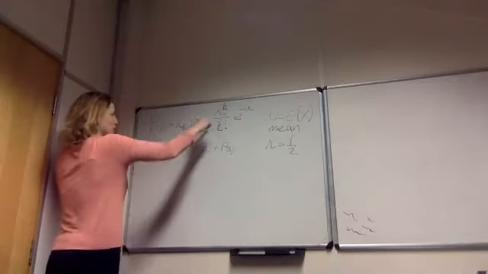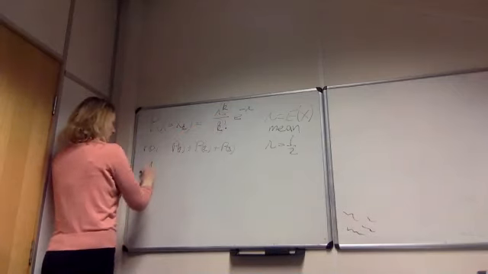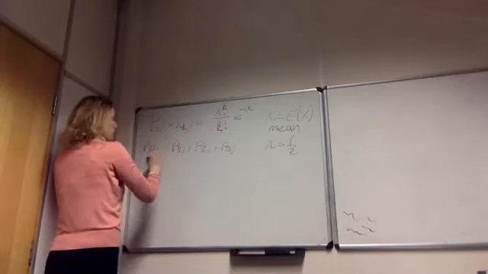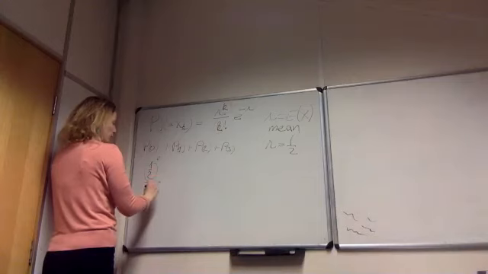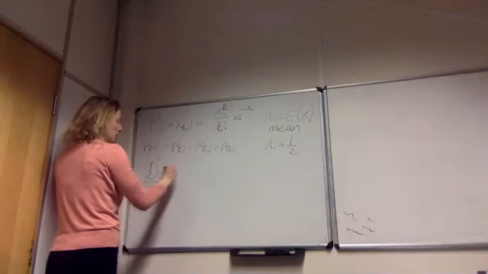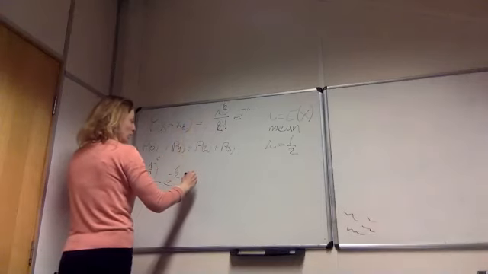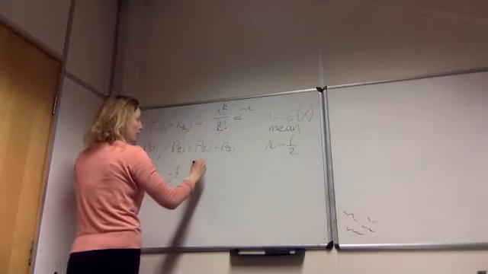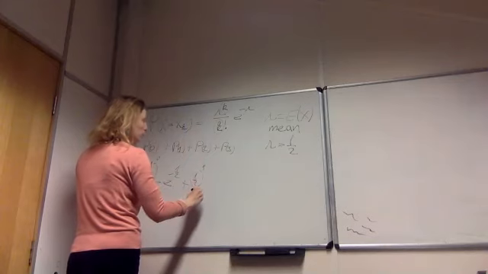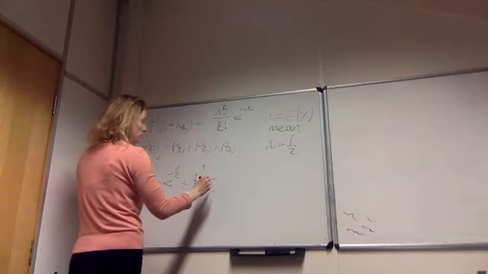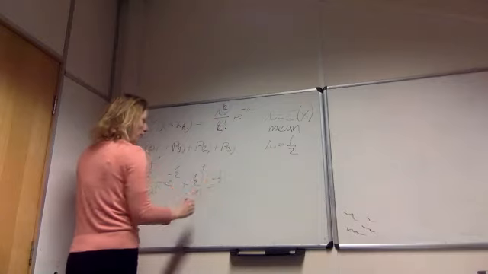Since lambda is a half, we have half raised to the power of 0 over 0 factorial times e to the minus half, plus, now k is 1, half raised to the power of 1 over 1 factorial times e to the minus half.